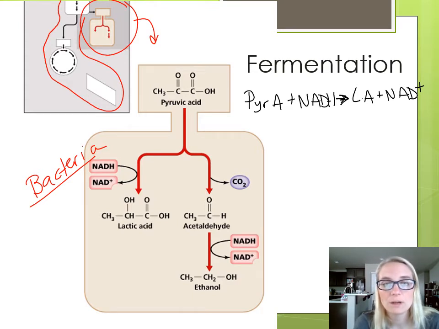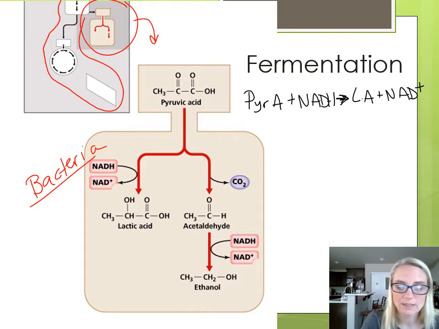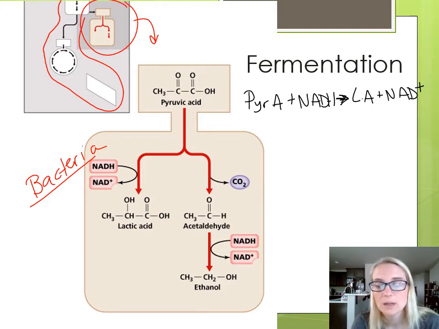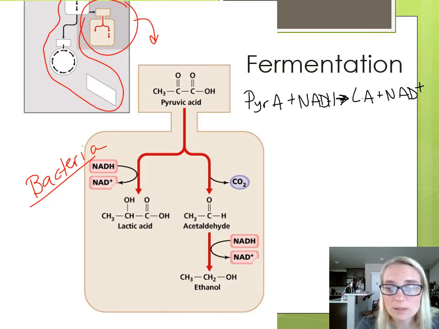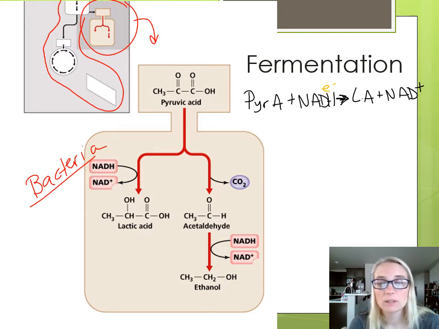But what do we have here? We have pyruvic acid and an NAD plus goes to lactic acid and, or rather, NADH plus pyruvic acid goes to lactic acid and NAD plus. So wherever we have our hydrogens, this is where we have our electrons. Okay? The NADH loses its electrons. So who's going to gain those electrons? Well, it's the pyruvic acid that is gaining the electrons right here.